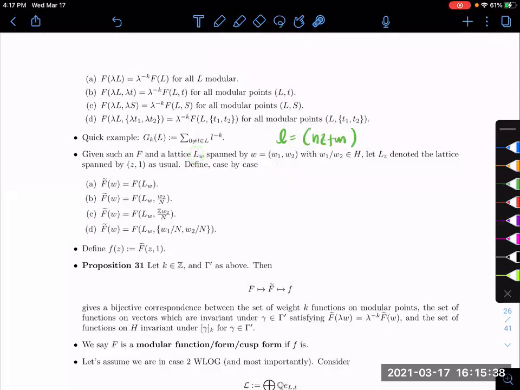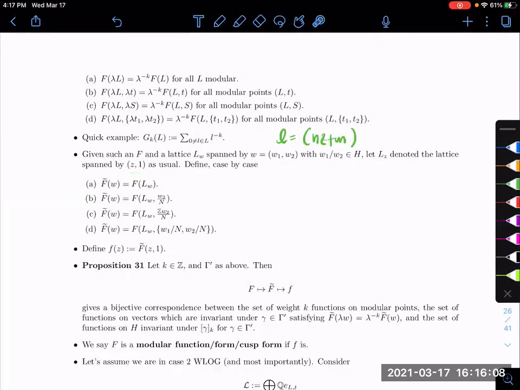Then I can always make a new lattice. We've talked about this before by rotating and scaling the spanning vectors so that one of them is 1, and then one of them lies in the upper half plane. When we do that, we get a new lattice that has the same fundamental parallelogram, rotated and shifted, scaled a little bit. We call that L sub Z. And it's going to be the lattice not spanned by W1 and W2, but by Z and 1.